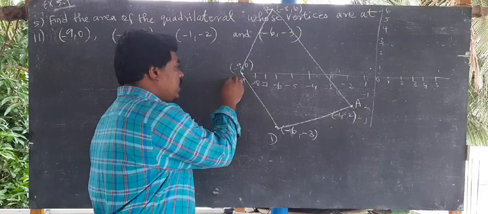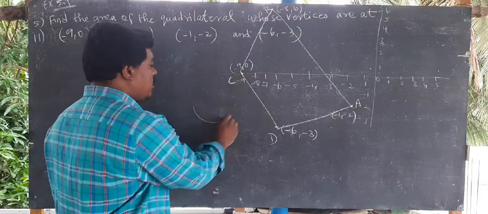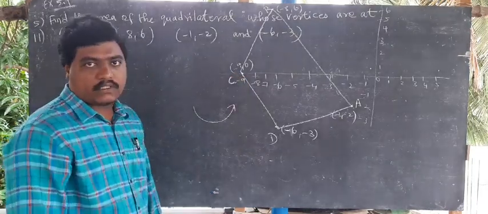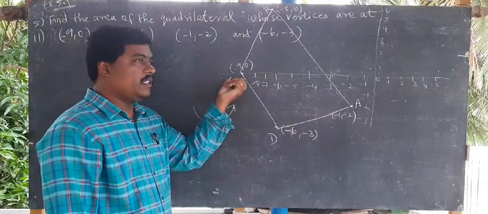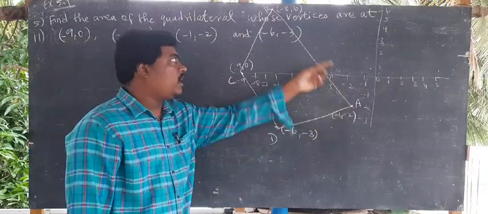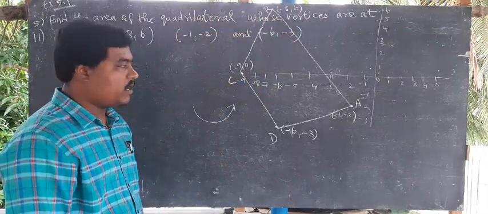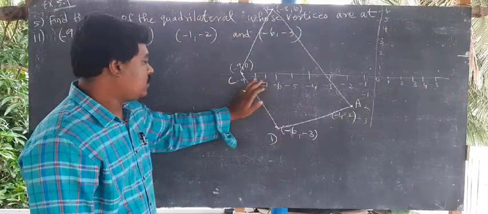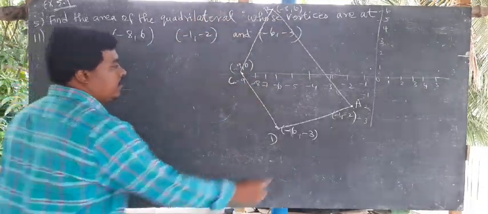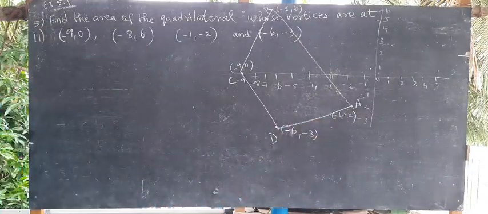Listen. So you have to take in the anti-clockwise direction always. So suppose you take A, then A, B, C, D. Like that we have to take. So A is what? Minus 1 comma minus 2.